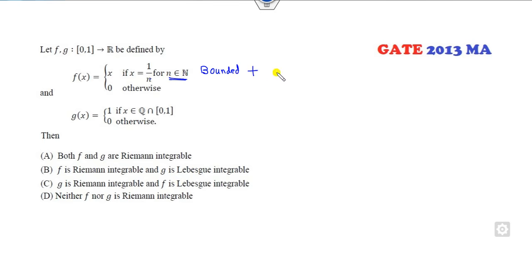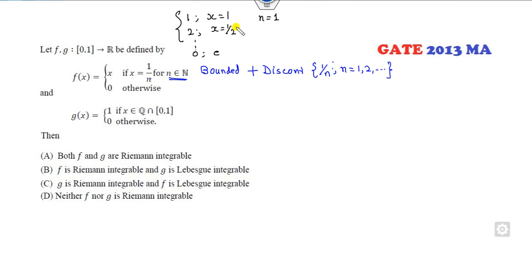Clearly this function is discontinuous at all those points of 1 by n, where n is a natural number. If I take n is 1, this function is 1. If I take n is 2, then x will be 1 over 2 and so on, otherwise 0.